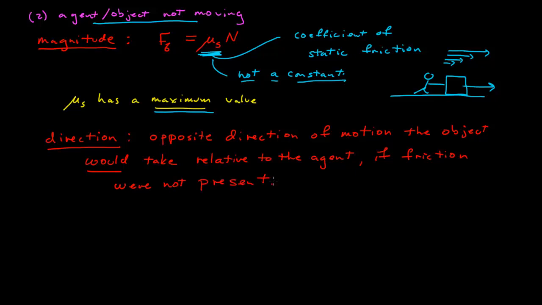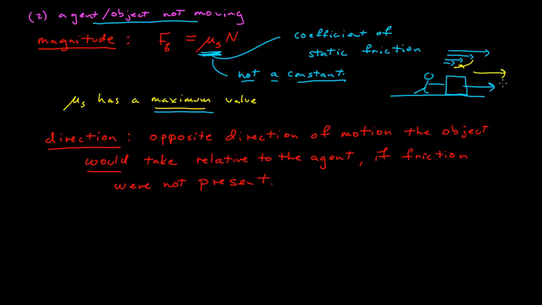Okay, this takes a little bit to get one's head around. So in my example up here, when the person was exerting these smaller forces here and here and here, the box was not moving. If static friction were not present, the object would be accelerating that direction.